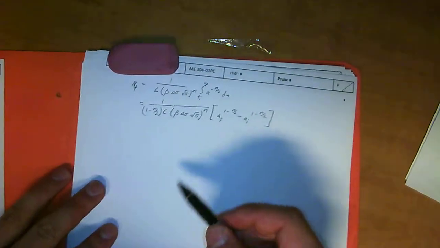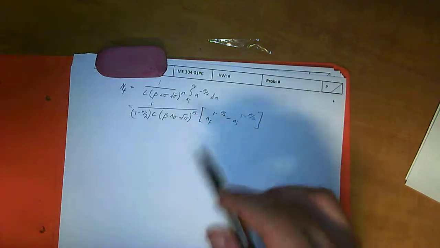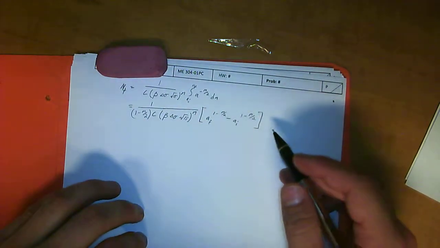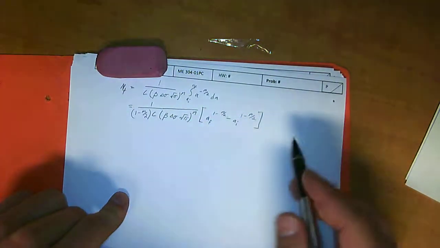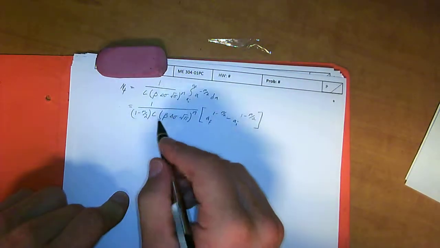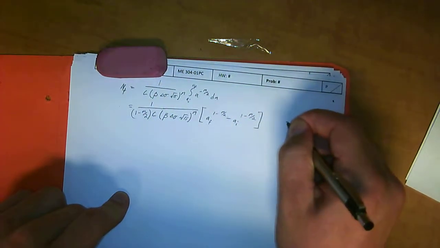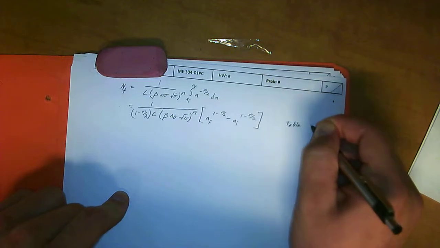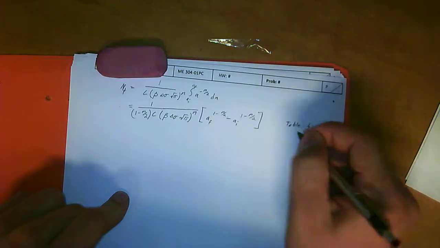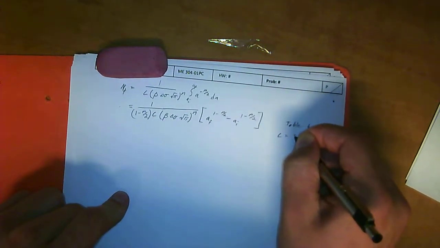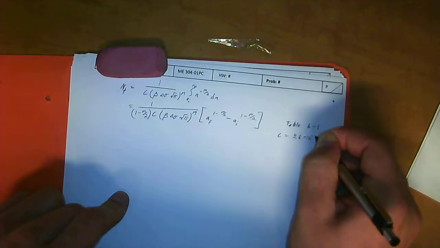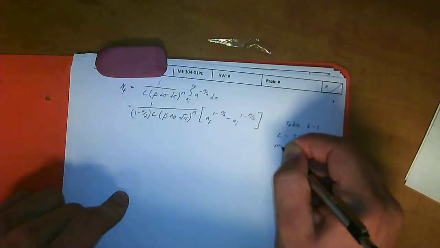So looking at table 6-1 in your book, you'll find that C is equal to 3.6 times 10 to the negative 10th, and M is equal to 3.00. And this is table 6.1. No, it's not in the appendix. It's in the chapter of the Shigley machine design book.